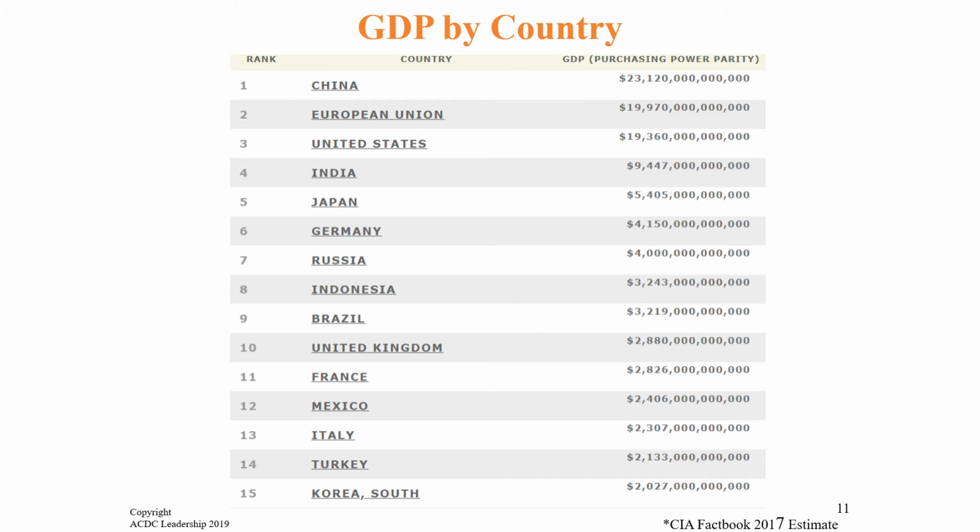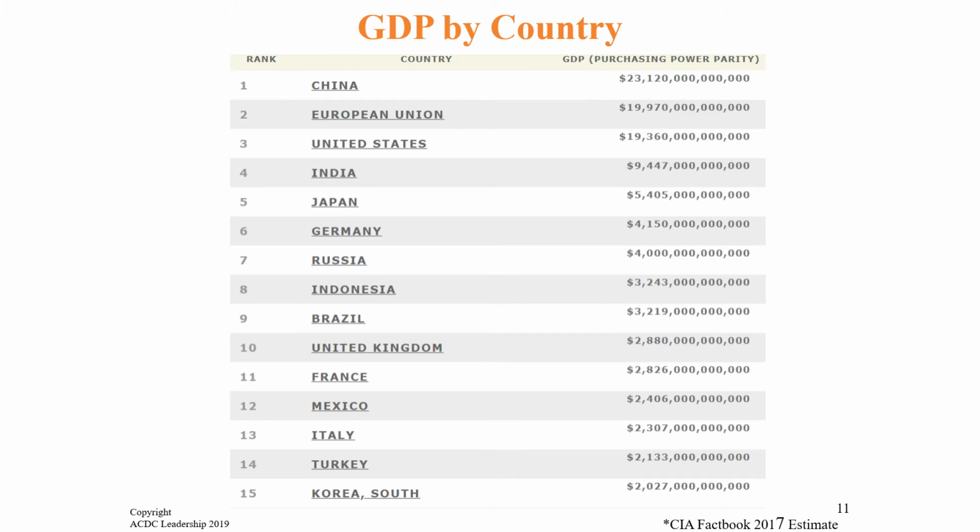All right, so no surprise here. China has the leading GDP, followed by the European Union, and closely behind the United States, India, Japan, Germany, Russia, Indonesia, UK, South Korea.